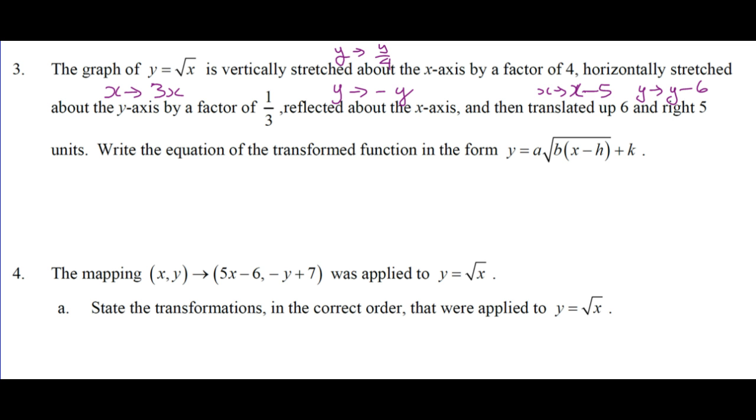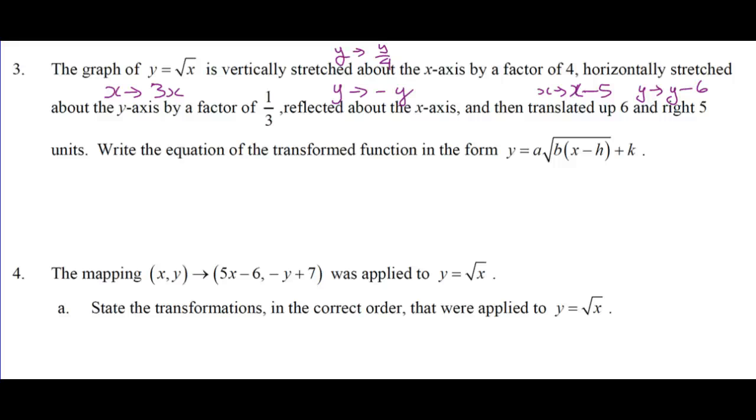Okay, write the equation of the transformed function in the form y is equal to a root b bracket x minus h plus k. So now we've got to get used to this form for this equation. So a and b are stretches and reflections, right? If a has a value other than 1, there is some sort of stretch, and if it is negative, there is a reflection.